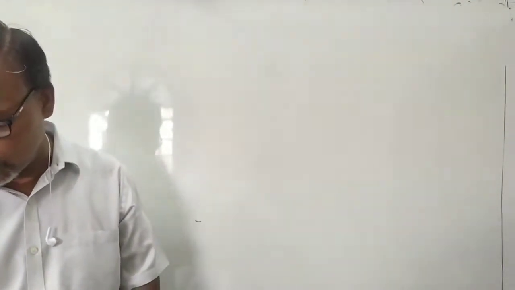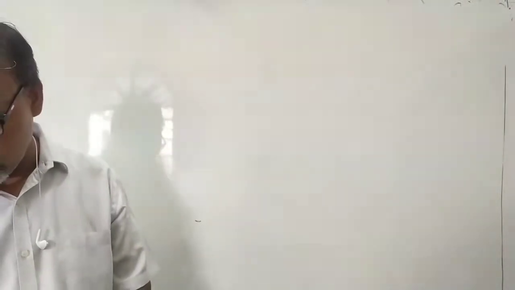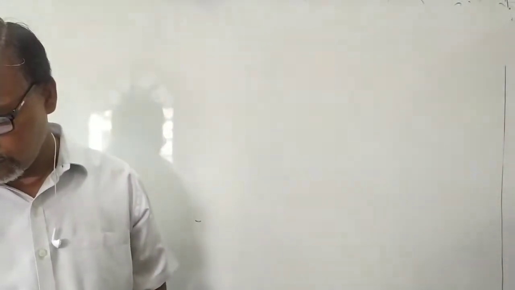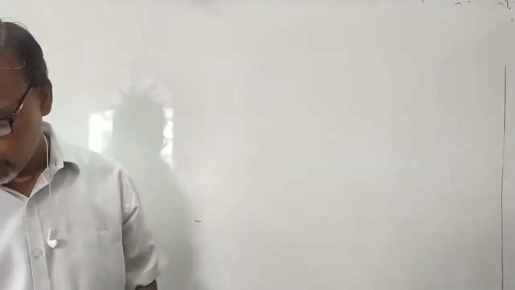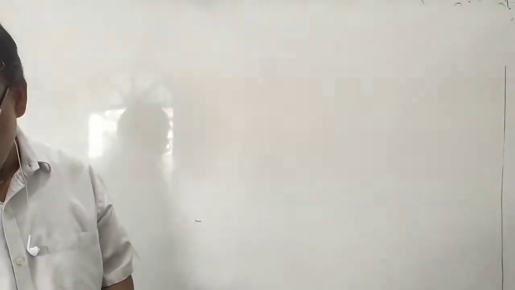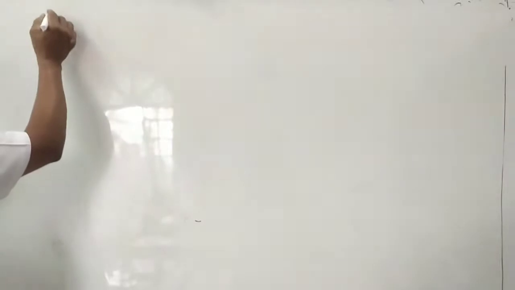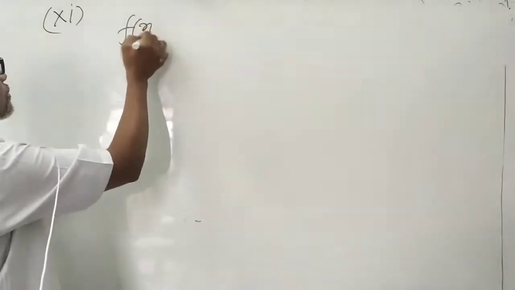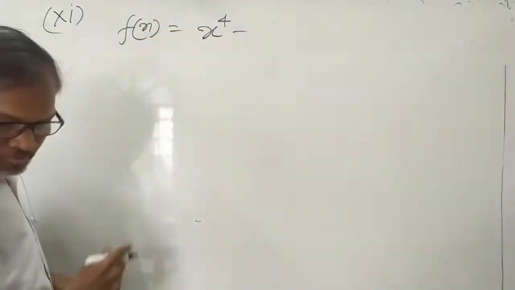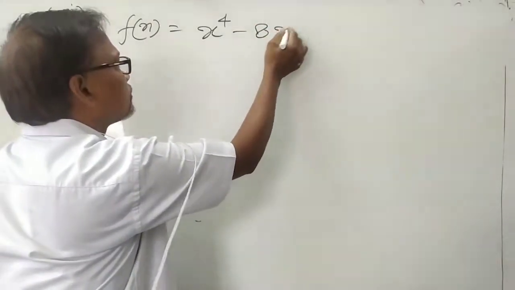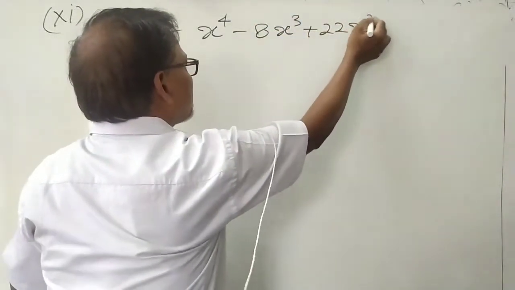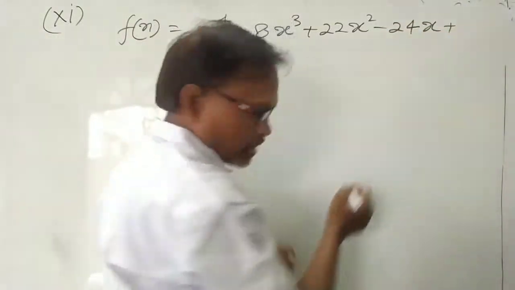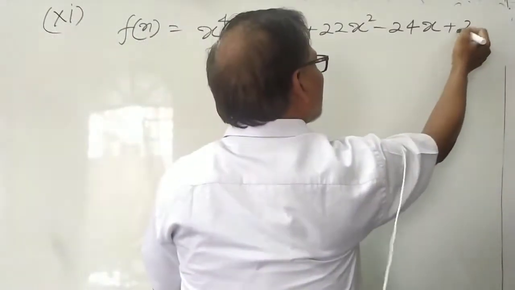In that case, you have to use the remainder theorem, means the last part also, you can say the 11th part. x to the power 4 minus 8x cube plus 22x square minus 24x plus 21. Find the interval.